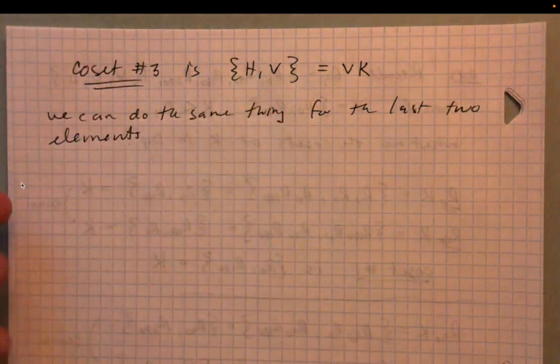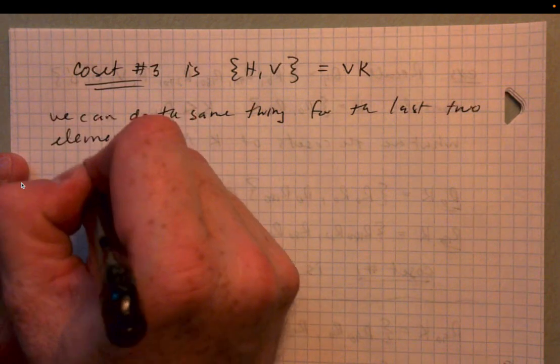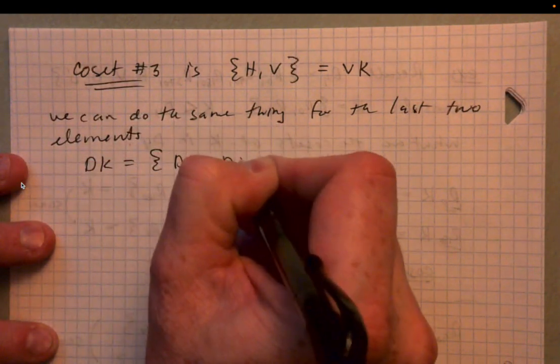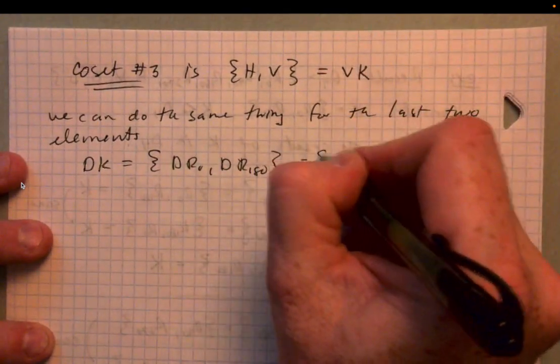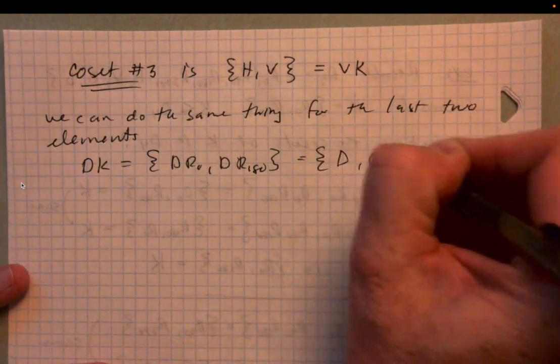We can do the same thing for the last two elements, right? What we would see is that dk is equal to dr0, dr180, and this, you'll have to pull out the square and actually check it, but you'd see that this is d and d prime.